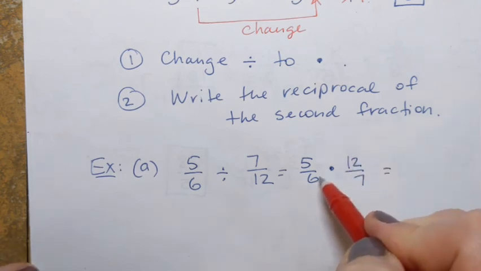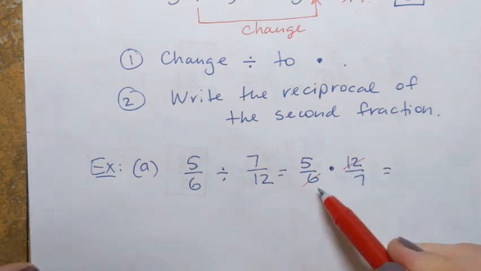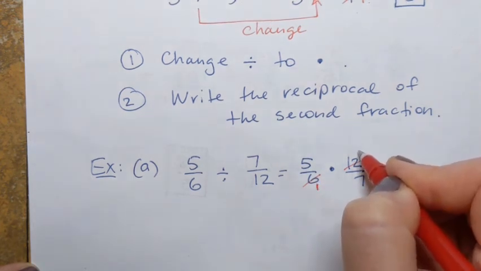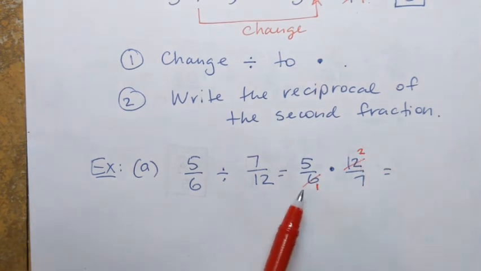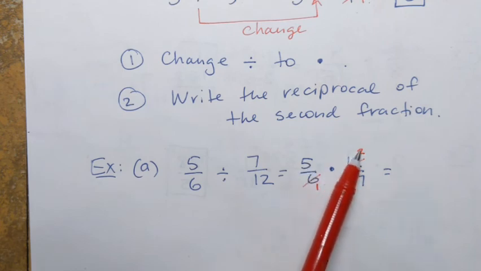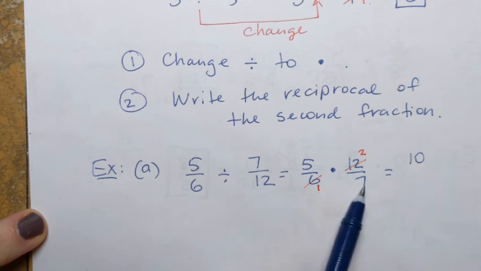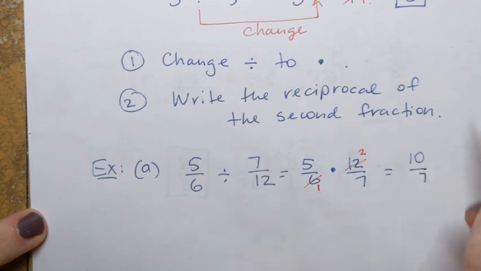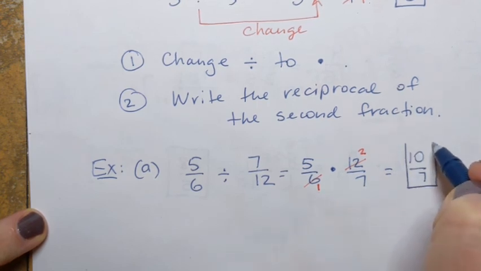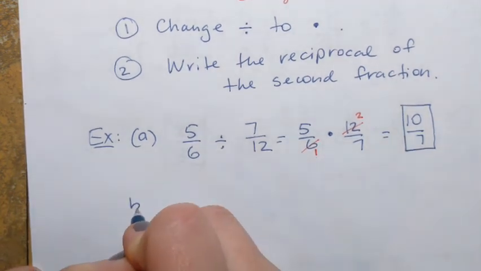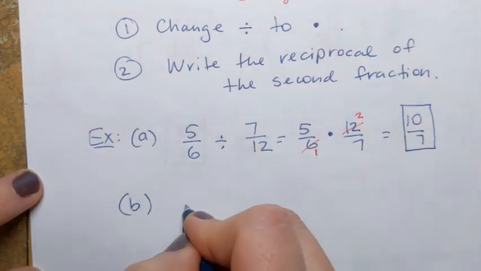I think, okay, 6 and 12 can be simplified, right? 6 I can divide by 6 and I get 1. 12, if I divide by 6, I'll get 2. So I will end up multiplying 5 times 2. That is 10. And then 1 times 7, that's 7. That's the answer.